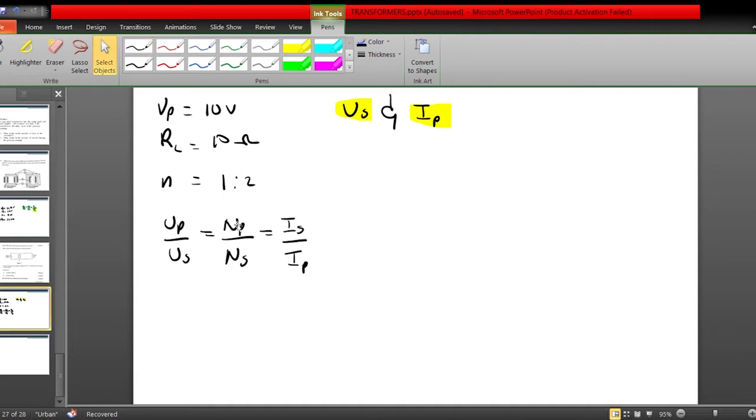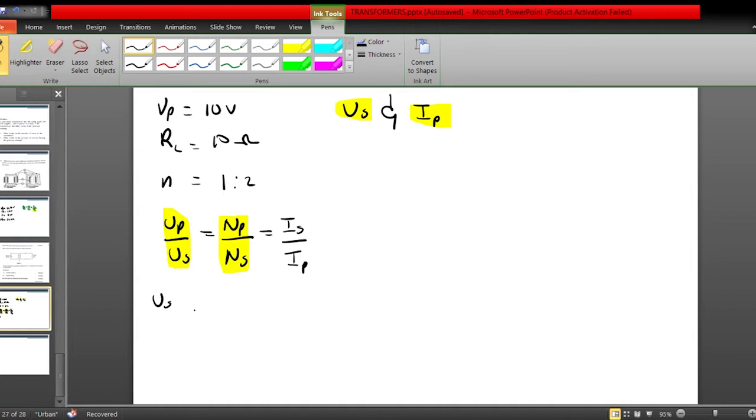When you're trying to find a variable, you need two of these, the working combinations. Now let's try to find Vs, and we're going to use this one since Vs is in it, and we're going to use this one since we have the numbers.